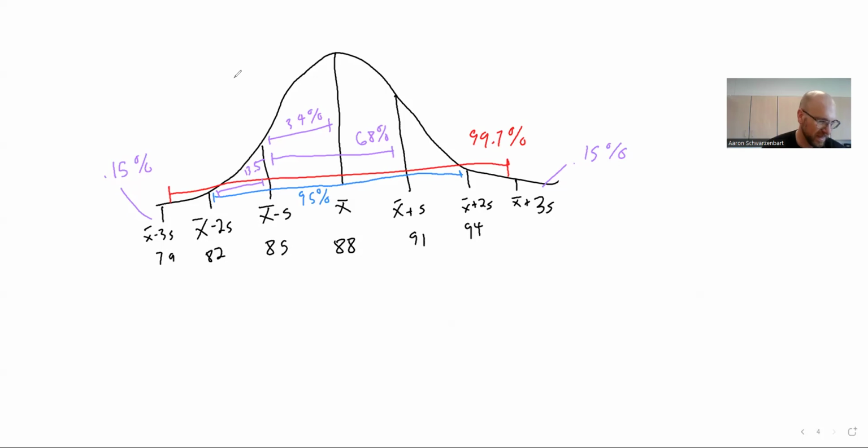So, based on the research, here's a little bit more exact. They want to know what's the top 2.5%. Well, if 95% are in the middle, it means I've got 5% out going on the wings. Split it in half, that's 2.5% each way.